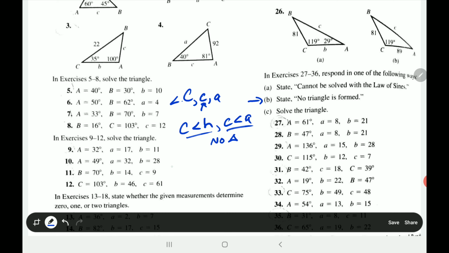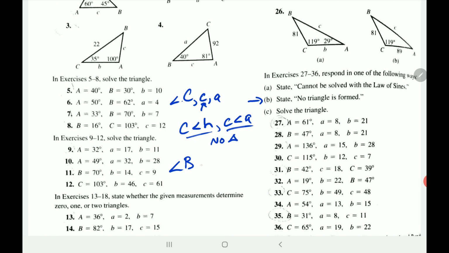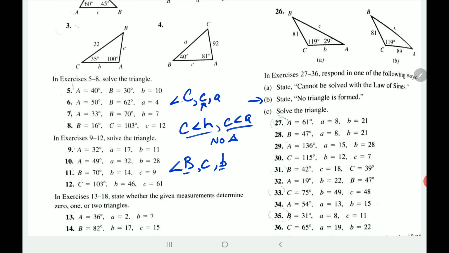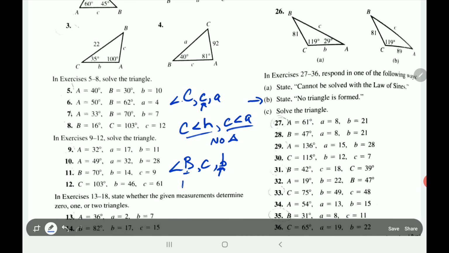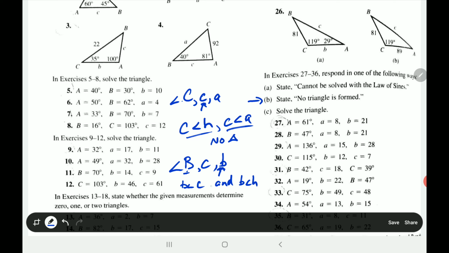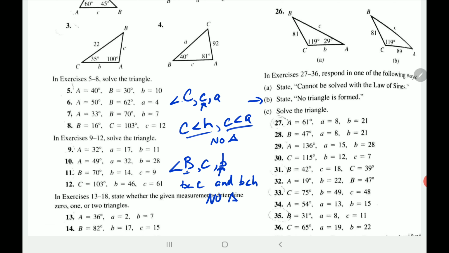Okay, if this was angle B, side B, and, well, let me say side C and side B. Right here, again, this is the angle and the side, the matching side and angle. Is B less than C and B less than the height? Is that true? Because if it is, no triangle.